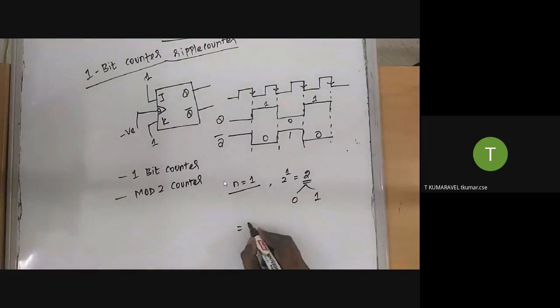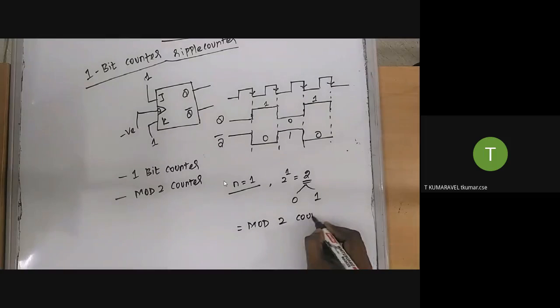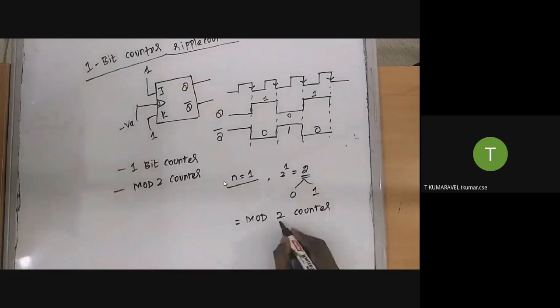So this is called a mod 2 counter, otherwise called a 1-bit counter. Why is it called a mod 2 counter? Because it contains 2 states, either 0 or 1.